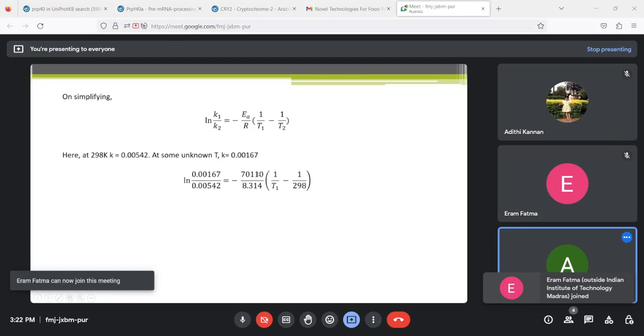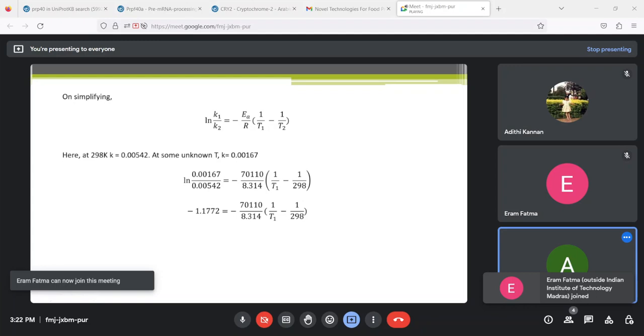R is 8.314 joules per mole Kelvin. On simplifying further, you get minus 1.1772 is equal to minus 70,110 divided by 8.314 into 1 by T1 minus 1 by T2. Here you can see your temperatures should always be in Kelvin and not in degrees Celsius. So while substituting in this equation, you need to make sure that your units are consistent.